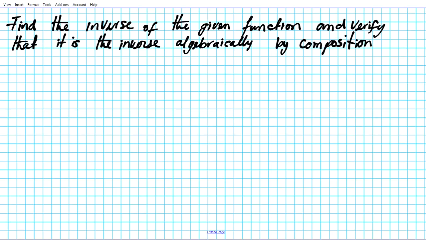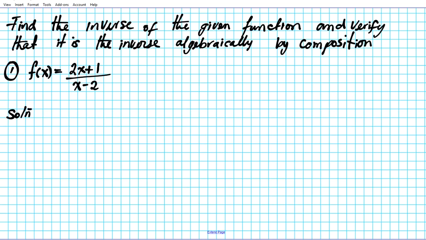Okay, so the example that we're looking at is as follows. We have the function f of x equals 2x plus 1 divided by x minus 2. Alright, so let's go ahead and get started. This problem is going to be a three-part process.